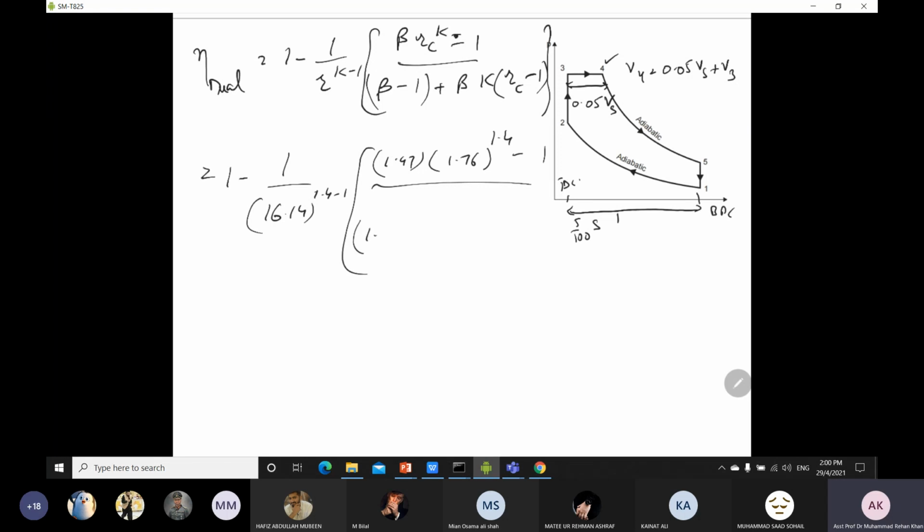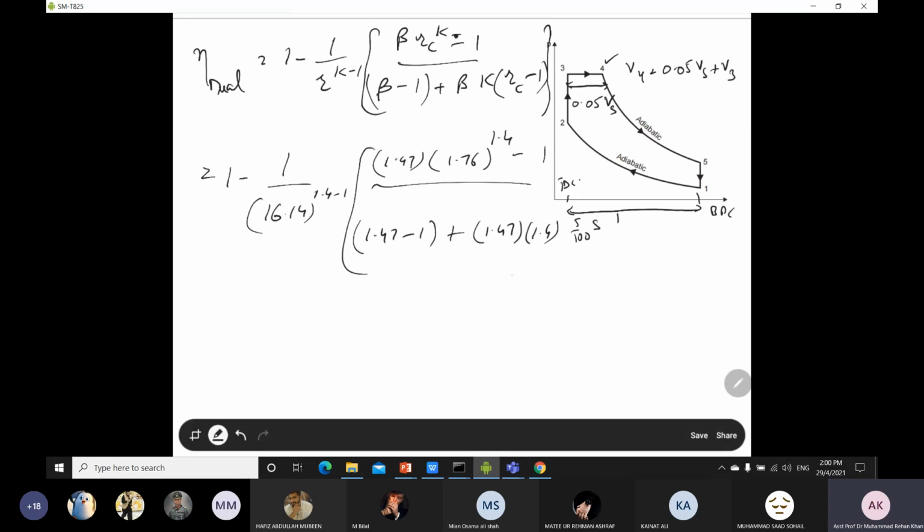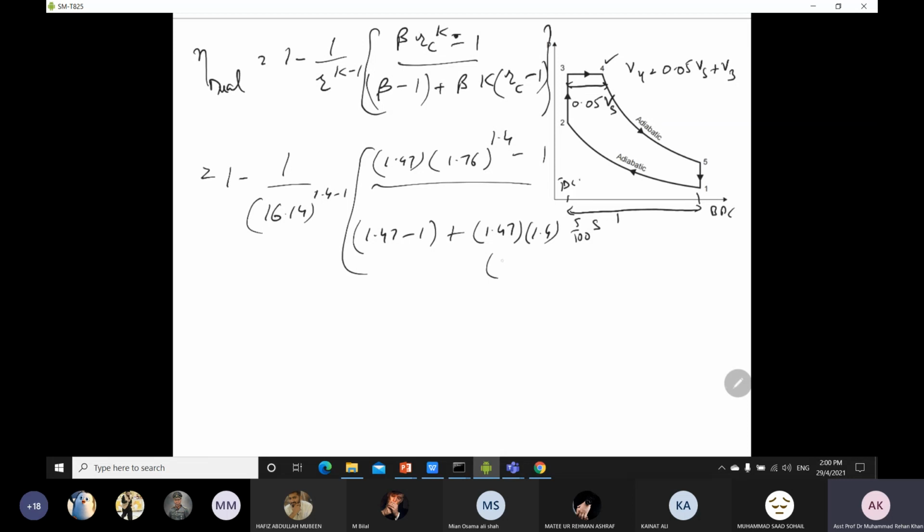Beta value is 1.47 minus 1, plus 1.47 into 1.4, which is the specific heat ratio, and the RC value is 1.76 minus 1. From here you can just solve it and you will get the value 0.6383, and if I convert it into percentage, it will be 63.83% efficiency for the dual cycle, and this is for the cold air assumption.